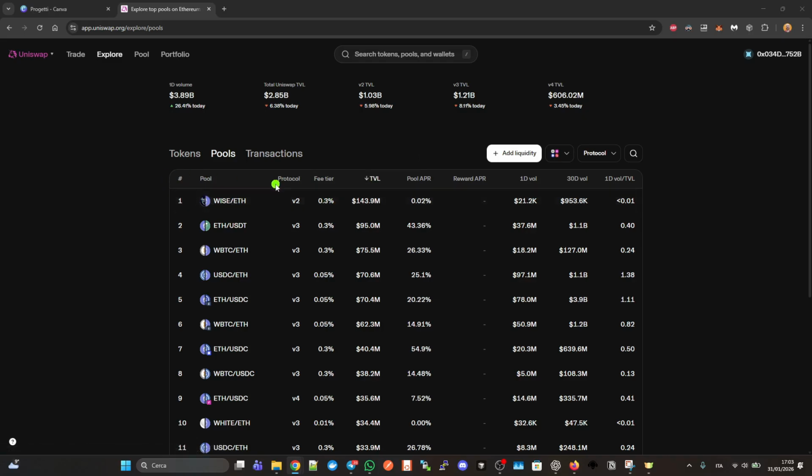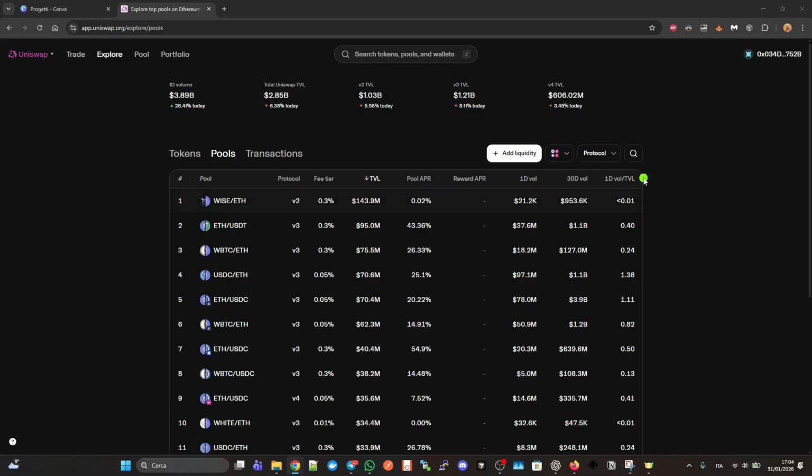We can see the various types of pools, the protocol, V2, V3, and V4, the fee tier, the TVL, and the APR, the annual percentage rate of the pool. This is the trading volume of the last day, and the trading volume of the last 30 days.